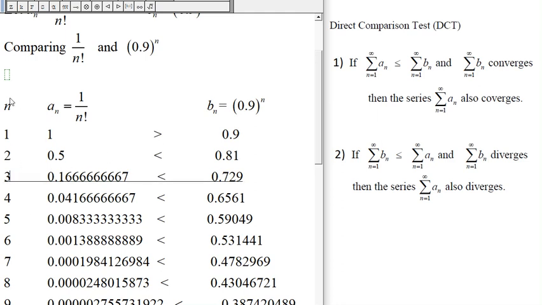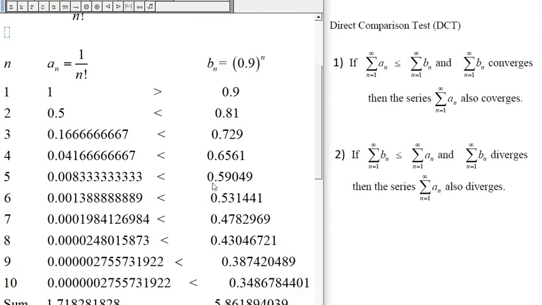When n is 2, A sub n is 0.5 and B sub n is 0.81. And when n is 3, A sub n is about 0.16666 and B sub n is 0.729. And here are the first 10 terms.